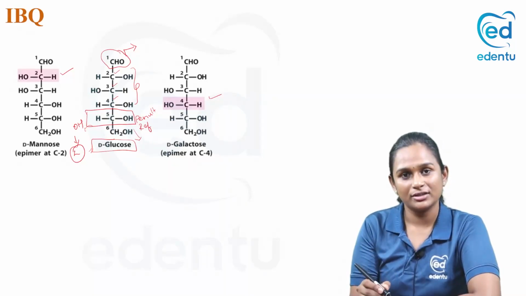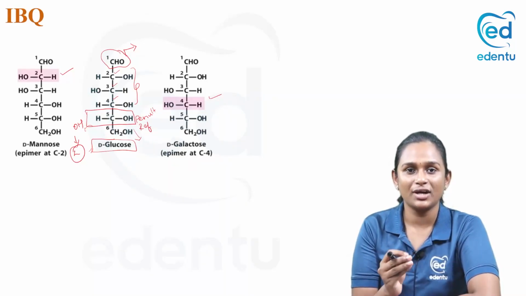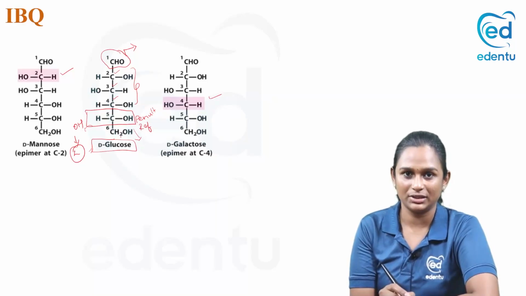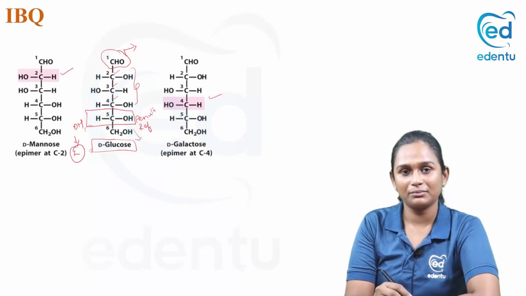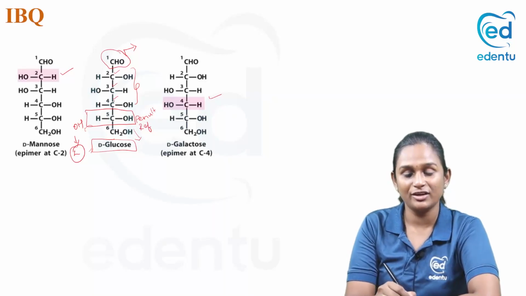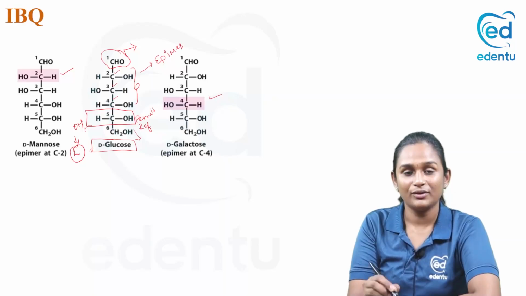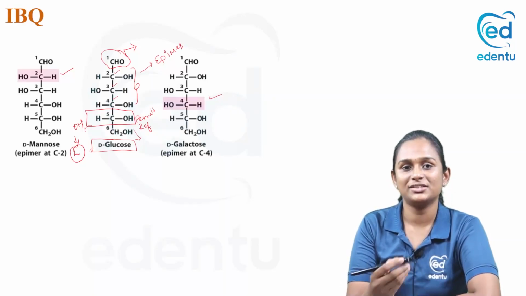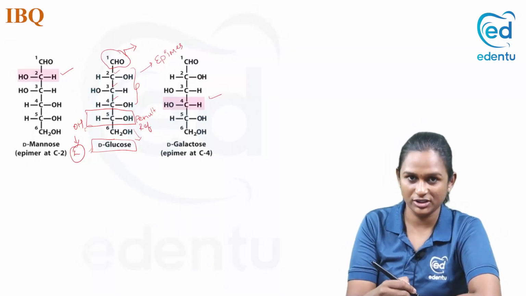Epimer is the change in the orientation of the hydroxyl group with respect to one carbon atom other than the penultimate carbon atom. That means it can be only C2 or only C3 or only C4. Then that becomes an epimer. So, epimer is a type of diastereoisomer. Diastereoisomer is a difference with respect to C2, C3 or C4.